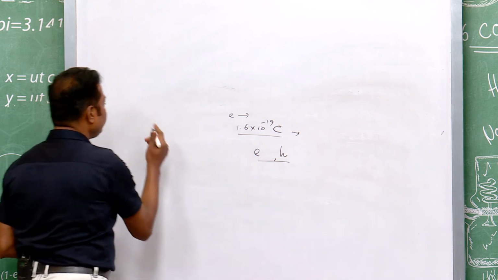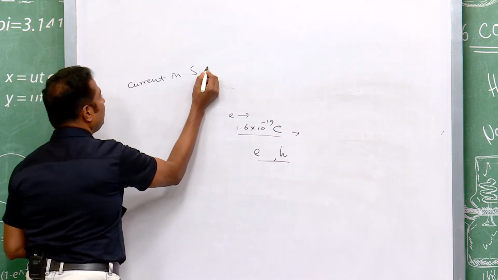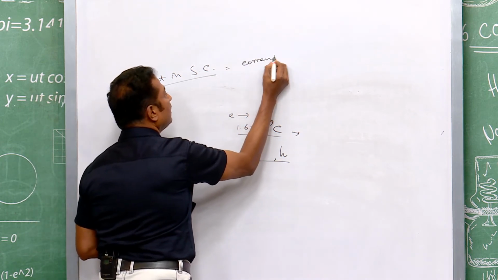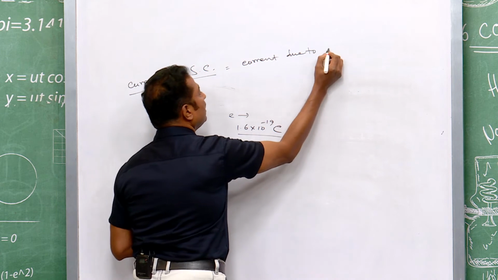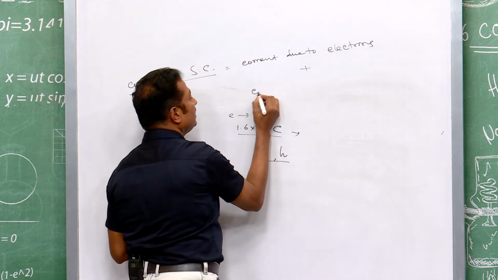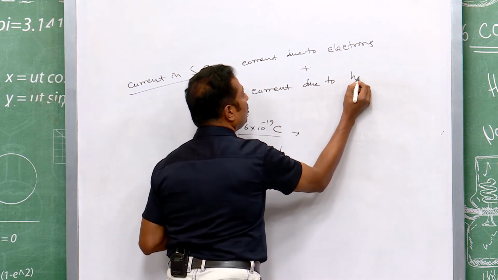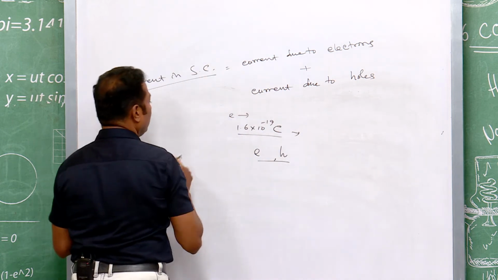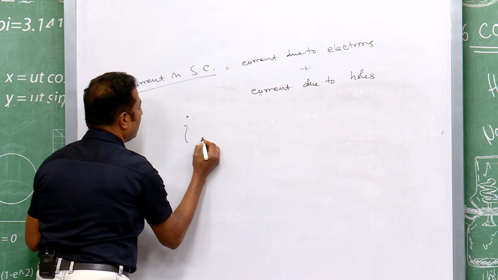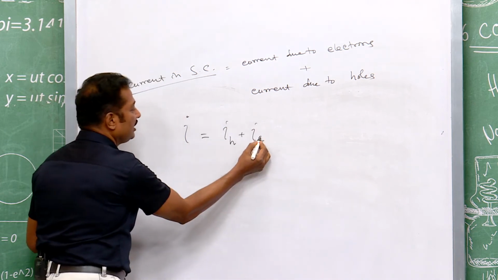That means, the current in semiconductor will be the current due to electrons plus the current due to holes, or current equals I hole plus I electron.